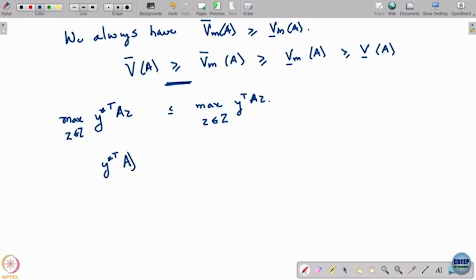This Y star transpose A is a row vector multiplying with a column vector Z having components Z1 to Zn. Now what are these Z1 to Zn? Together they are simply a probability distribution. So these are all essentially weights, they add up to 1, and they are all greater than or equal to 0.